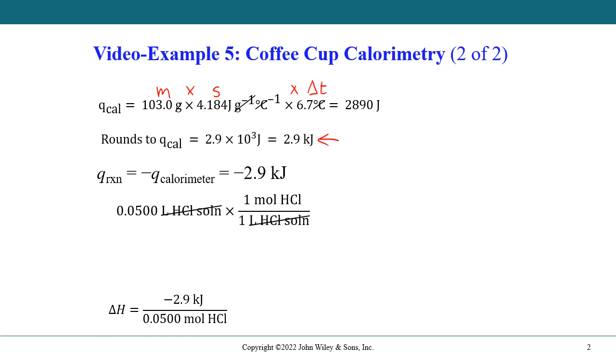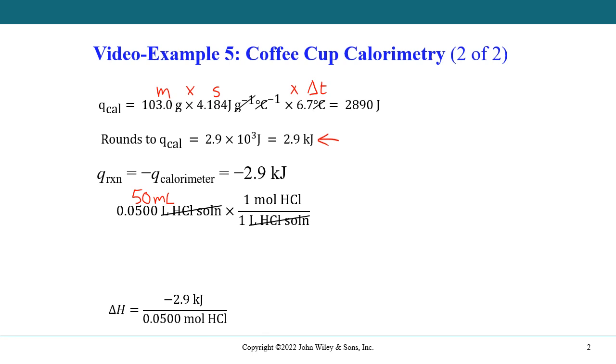Okay, so therefore the heat of the reaction is then the heat released by the reaction, so therefore we have to change the sign. So the heat is now minus 2.9 kilojoules. Okay, and we know that we have 50 milliliters of your hydrochloric acid solution, which translates to 0.0500 liters.